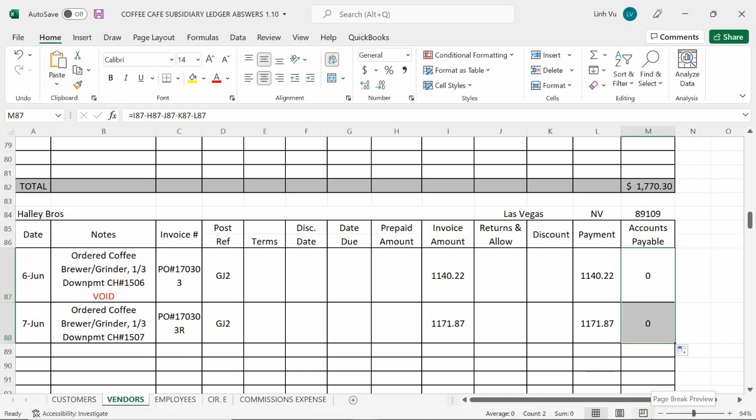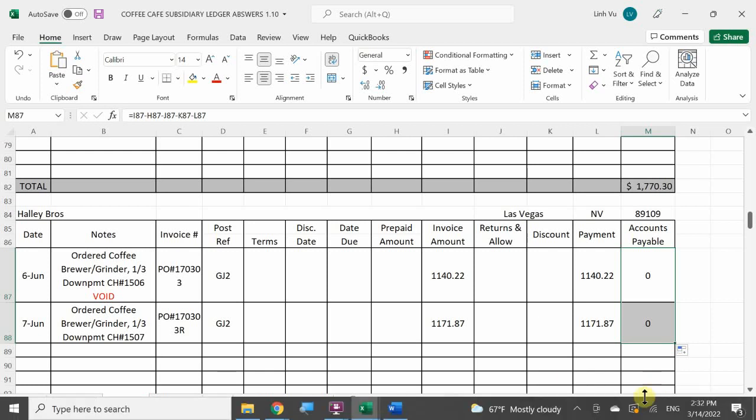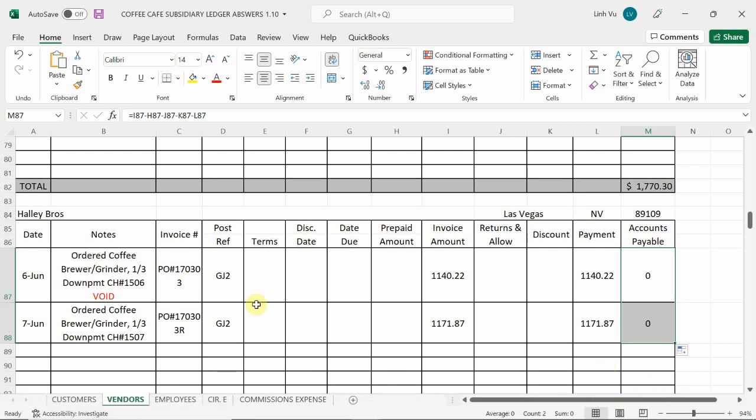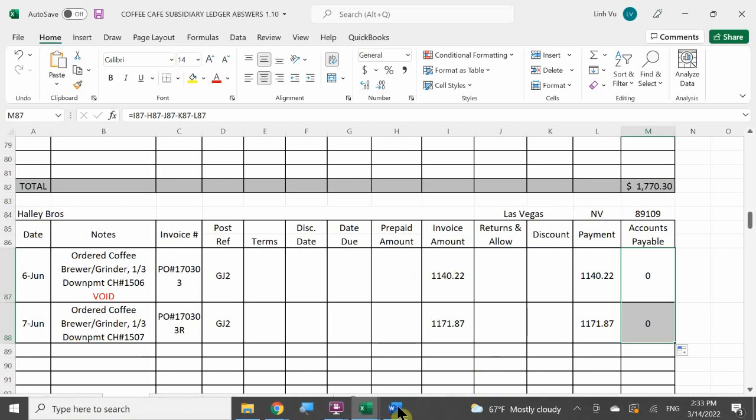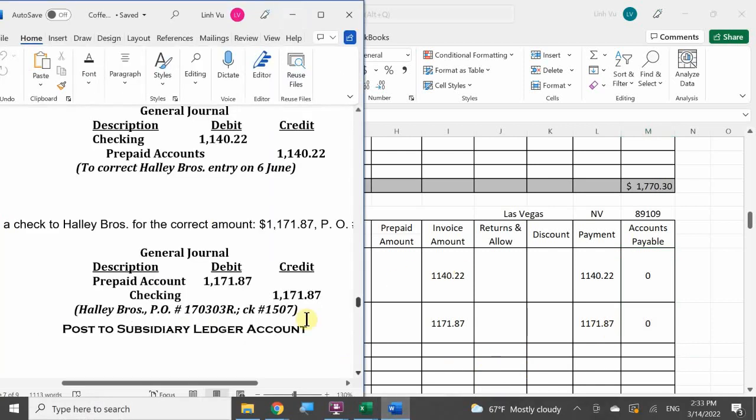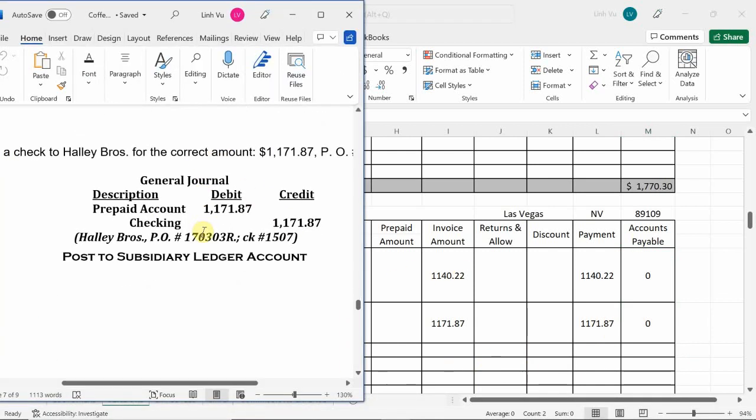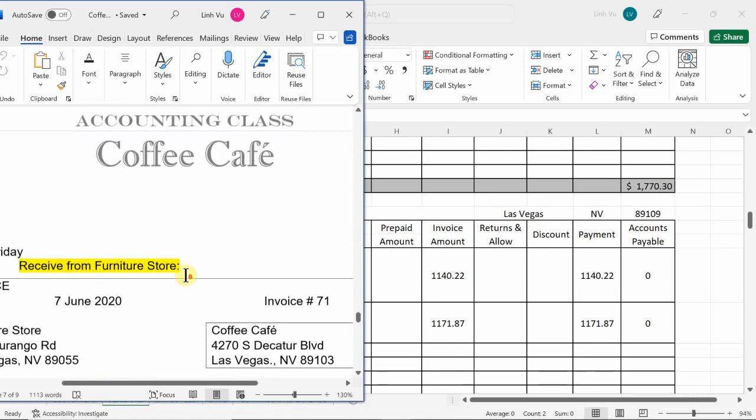We voided it. So now everything still goes here, and we have our correct information put into our subsidiary ledger accordingly. Okay? Any questions? No. Okay. So that's correcting our error that we had in our journal.